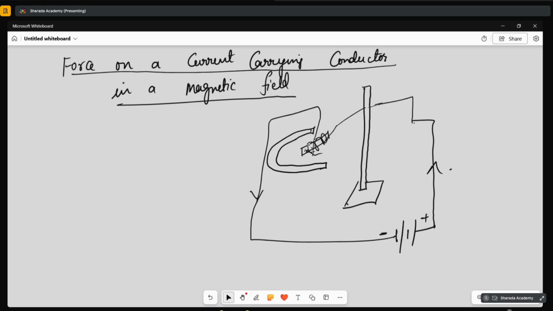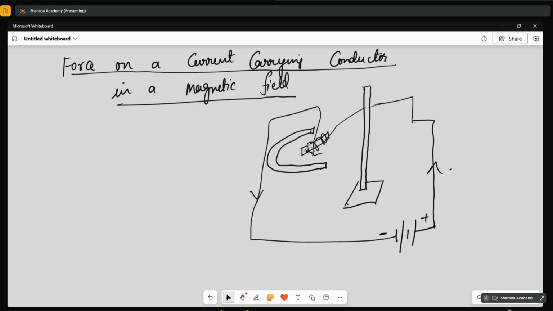Understood now. So there will be either an attractive force or a repulsive force experienced by the conductor. Therefore, whenever a current carrying conductor is kept in a magnetic field, it will experience some force, and the direction we know by Fleming's left hand rule. When the current through the conductor is increased, the magnetic field also increases, so the force exerted on the conductor will increase.